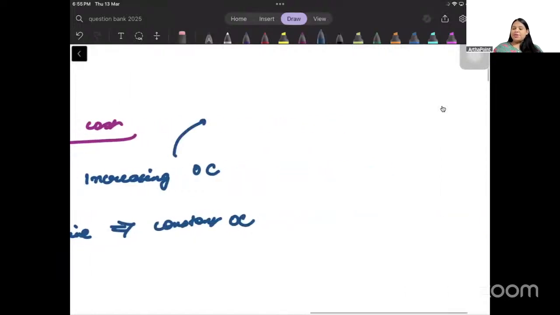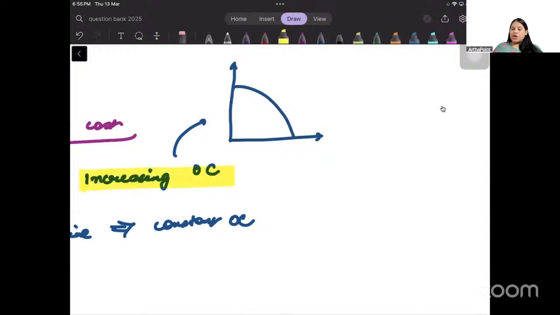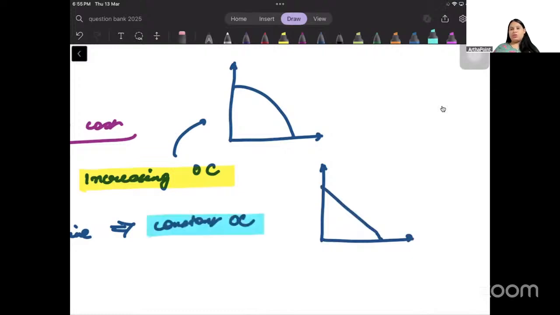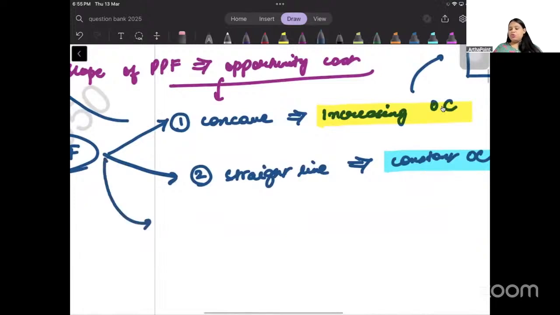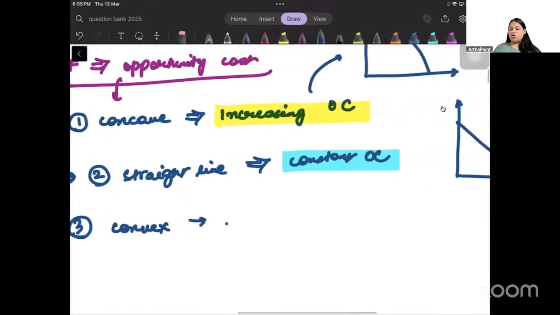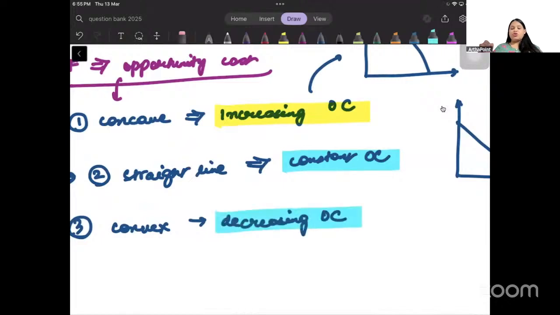If our PPF is concave, then we have increasing opportunity cost. And if our PPF is a straight line, then we have constant opportunity cost. Similarly, beta, rarely, but if the exam asks what happens if PPF is convex, then it will be decreasing opportunity cost.